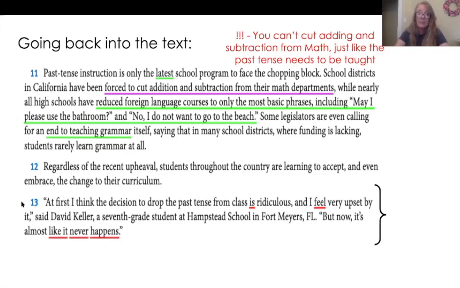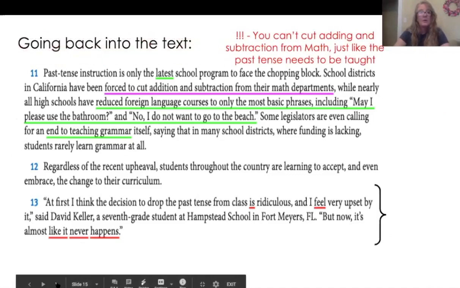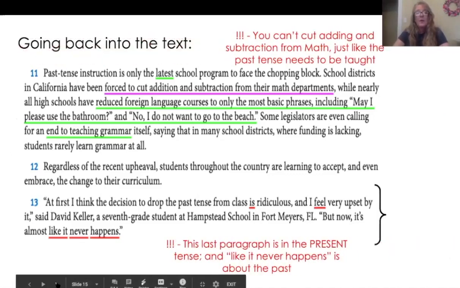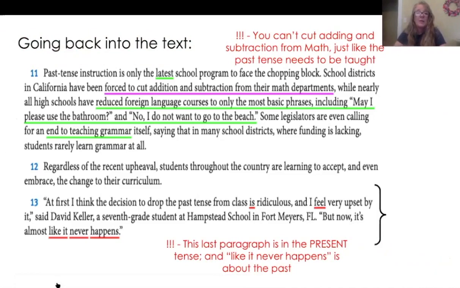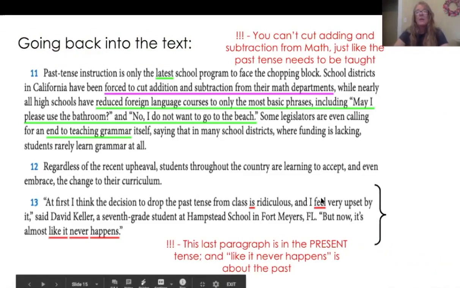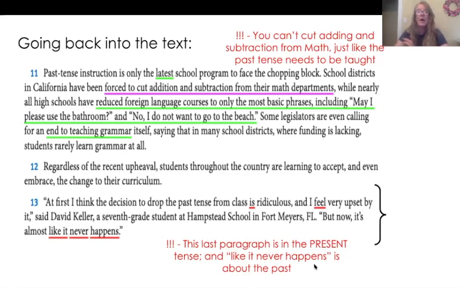This is the most satirical piece of the whole puzzle, because this last paragraph is in the present tense. So if you look at the verbs, you've got is and feel, and it is like it never happens, right? Happens in the present. But that's all about the past. So again, you've got that satire, you've got that cross comedy, you've got that humor.